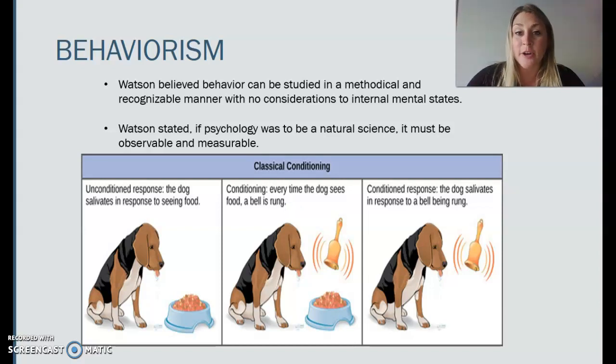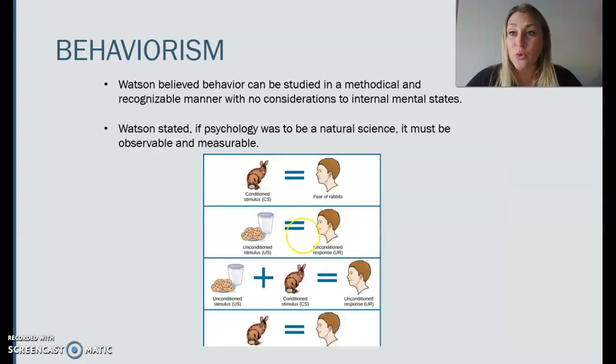Behaviorists take this a step further and believe that you can eliminate or reduce phobias in individuals. Given the conditioned stimulus of the rabbit, the boy has a negative, not pleasurable response in his fear of the rabbit. So they introduced an unconditioned stimulus of a plate of cookies, which produces an unconditioned response of pleasure.